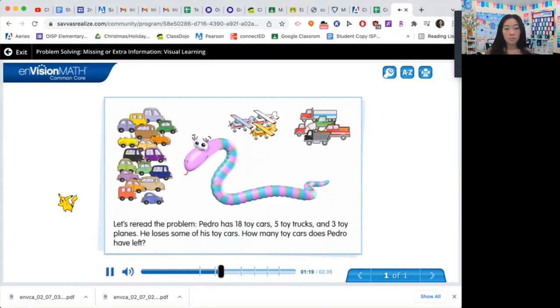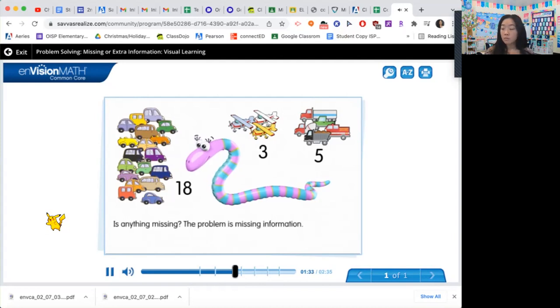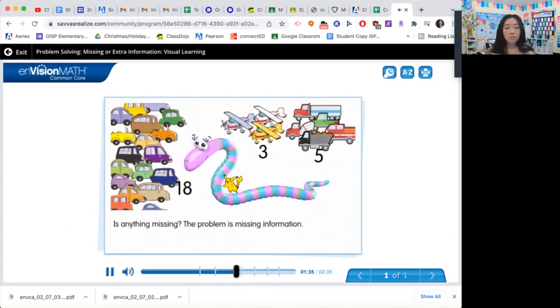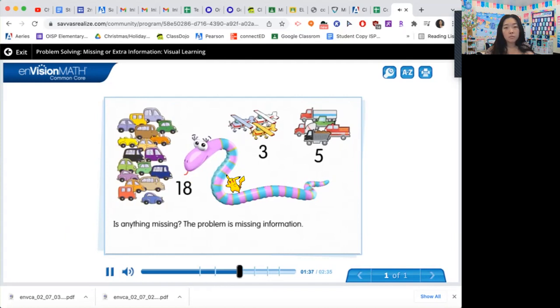Pedro has 18 toy cars, 5 toy trucks, and 3 toy planes. He loses some of his toy cars. How many toy cars does Pedro have left? Is anything missing? The problem is missing information. What do you not know?